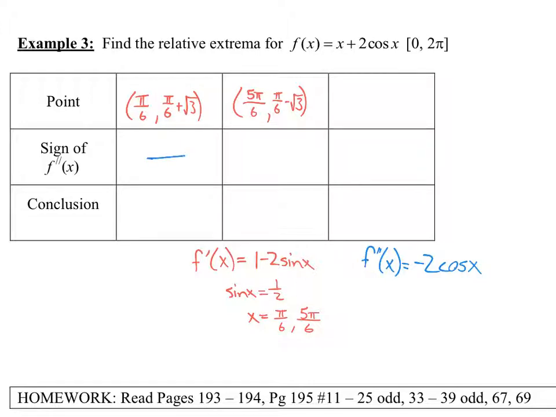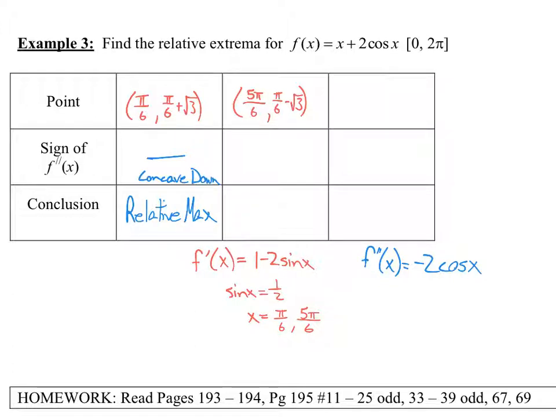And so that means that point is a relative max, because it's concave down at that critical point. We know it's a relative max.